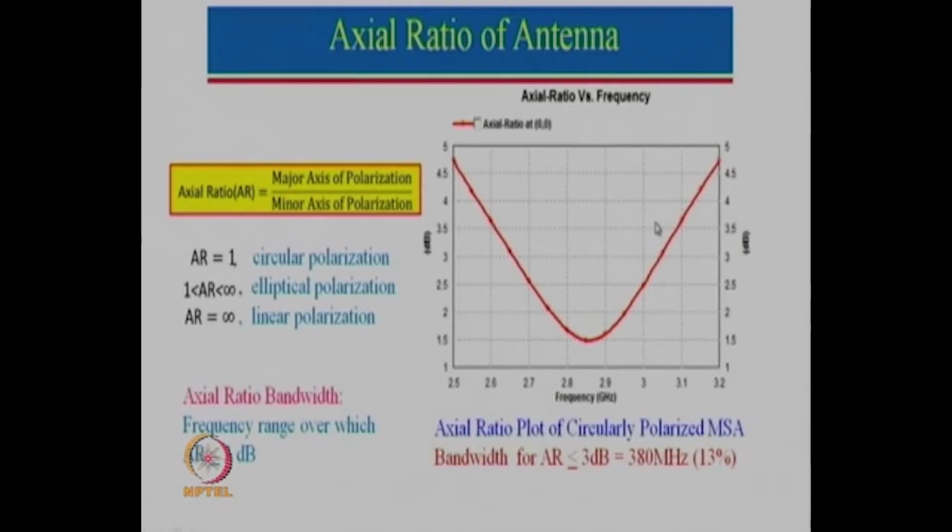So, generally speaking, we define axial ratio bandwidth for a circularly polarized antenna as the frequency range over which axial ratio is less than 3 dB. Of course, in some applications they may accept less than 6 dB also, and in some applications they even want axial ratio to be less than 1 dB or 2 dB. So, it all depends on the application.